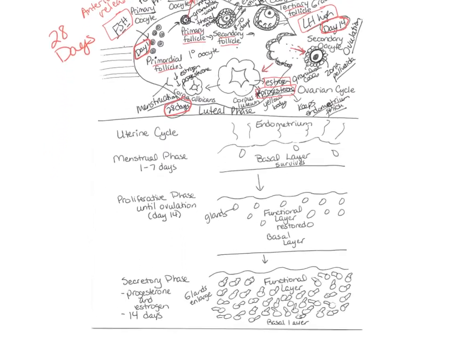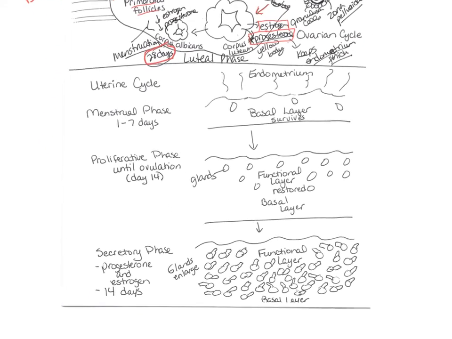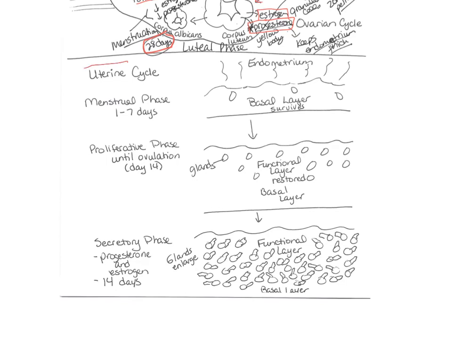The typical uterine cycle is a 28-day cycle, just like the ovarian cycle. 28 days is a typical uterine cycle, but it can vary from female to female. The cycle begins on day 1 with the onset of menstruation. Menstruation is also called menses.